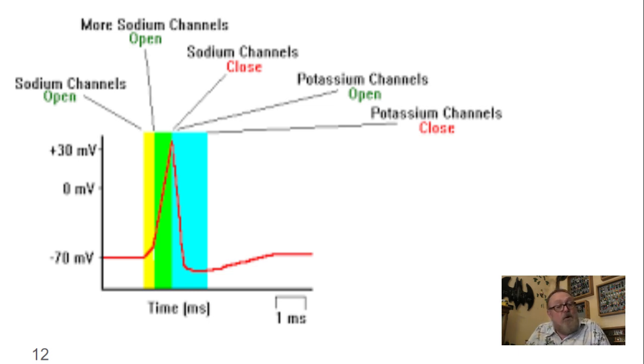Please note when the sodium ion channel gates open, fully open, and then close, and when the potassium ion channel gates open and close. This graph should mirror slides 6, 7, 8, and 9 in the purple circle, denoting the stages of the action potential.